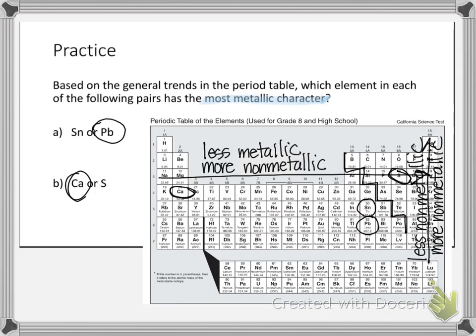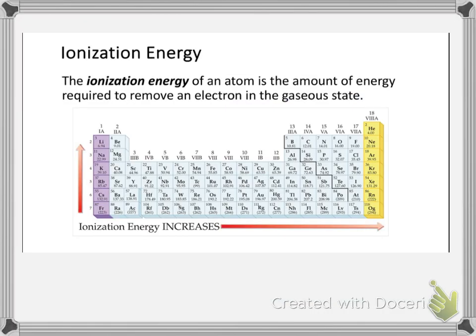So then our next trend is ionization energy, which if you're following along in the slides, is a little further down, but it really is a trend. So I decided to include it in the trend part of the presentation. So ionization energy, you can see here, is how much energy it takes to remove an electron of an element that's in a gaseous state. And what you'll see is it is the inverse relationship to both metallic character and size.